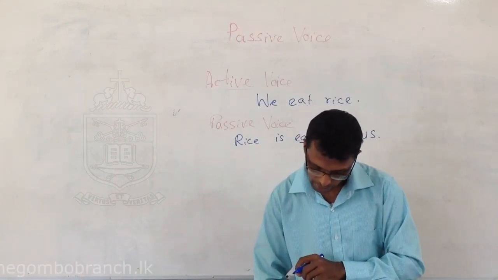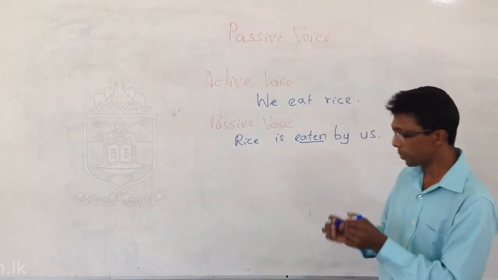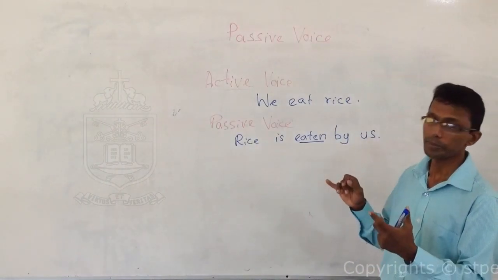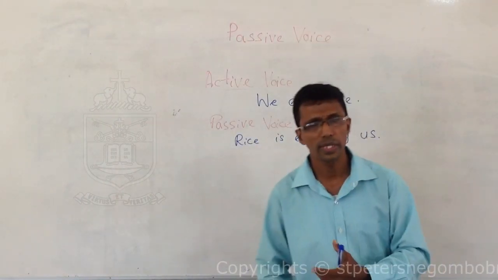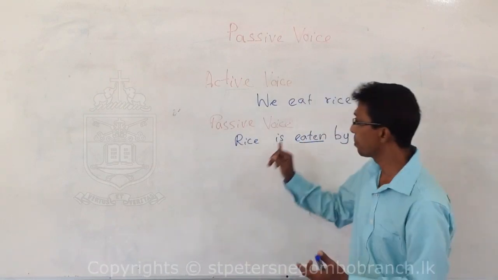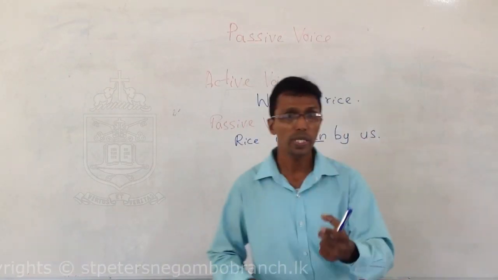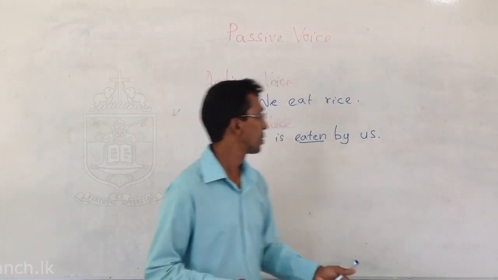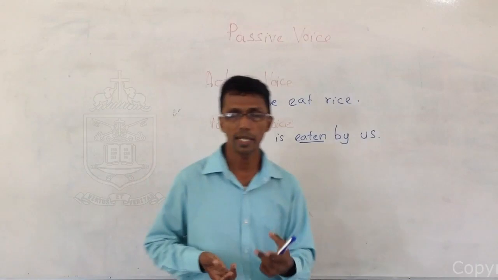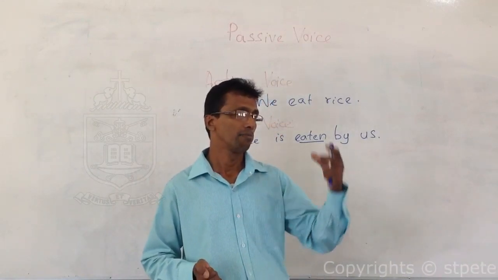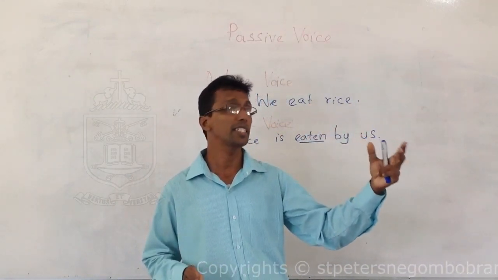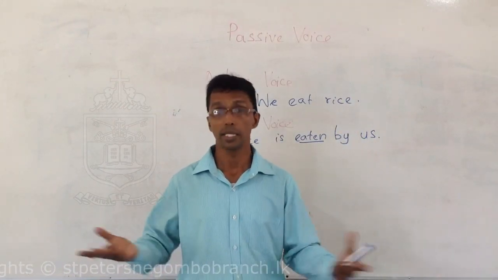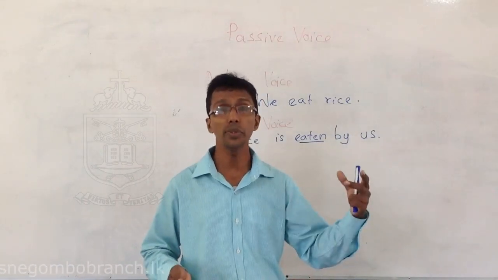Then the other one, we use passive voice when we do not know the subject, or when we do not know the doer of the action. We are using passive voice, and also when we do not want to tell the person who did something, we use passive voice, right? For example, let's say a window glass is broken, and we know the person who broke it, and sometimes we do not want to tell the person who broke it.